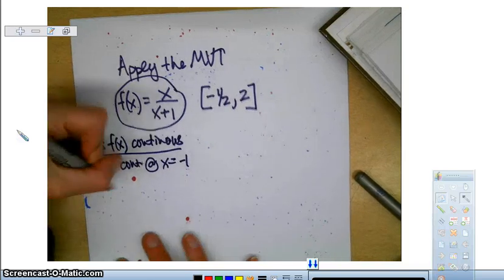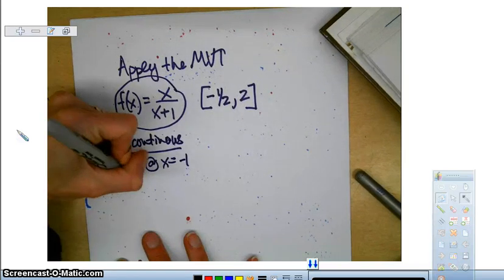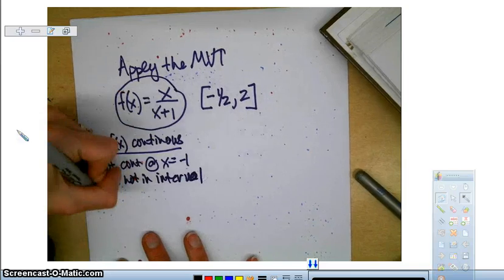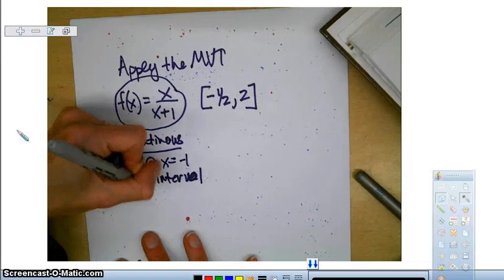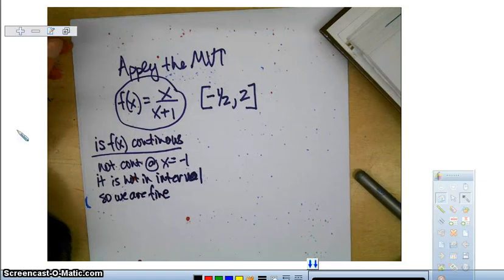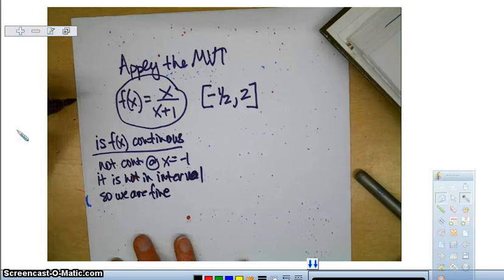It's not in the interval, so we're fine. If it was in the interval, what would I do? Would I keep going? Would I apply the theorem of the mean? No, you wouldn't. You would say the mean value theorem does not apply. Okay? So it is continuous on the interval. So yes, initially you were right.